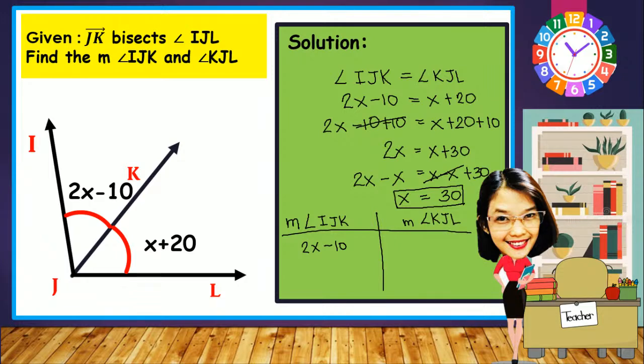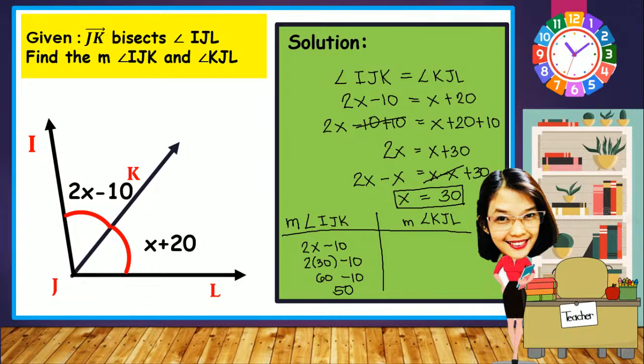2x minus 10. We already have the value of x, and our x is 30. So we'll substitute that. 2 times 30 minus 10. 2 times 30 is 60. Minus 10, the answer is 50. How about KJL?